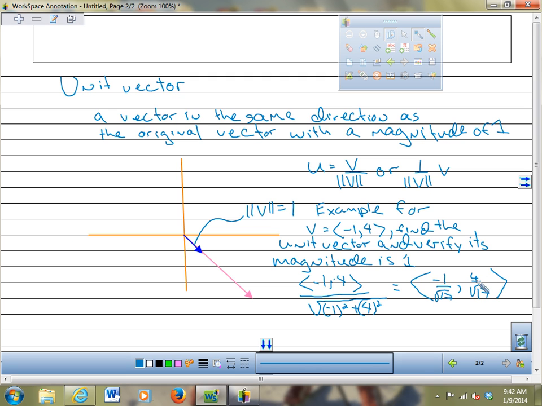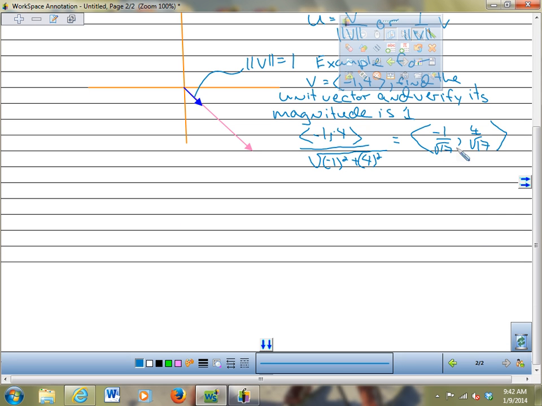So to verify that its magnitude is 1, I want to take this thing and take the square root of the sum of the squares of those components. So the magnitude of v with double bars on it is going to be equal to the square root of negative 1 over the square root of 17 squared plus 4 over the square root of 17 squared.